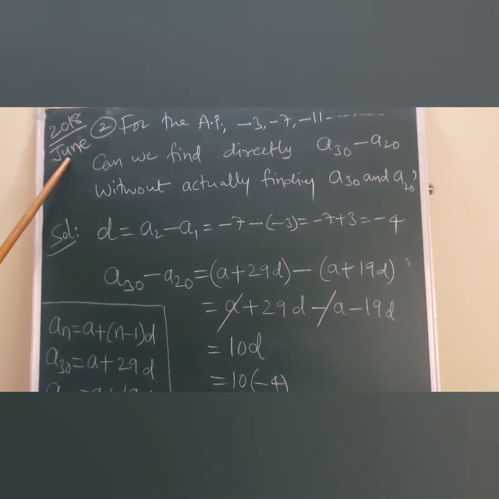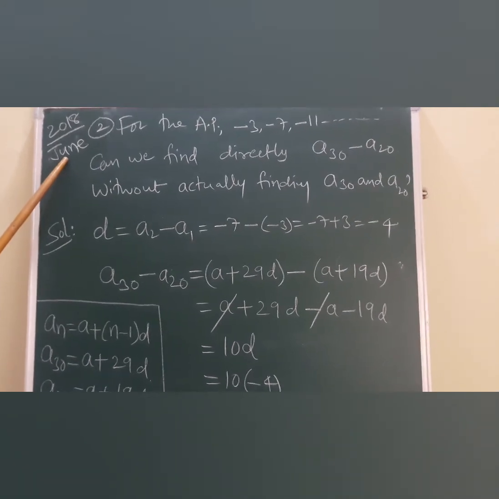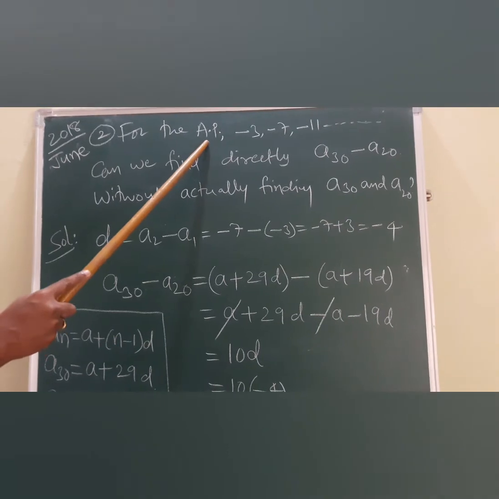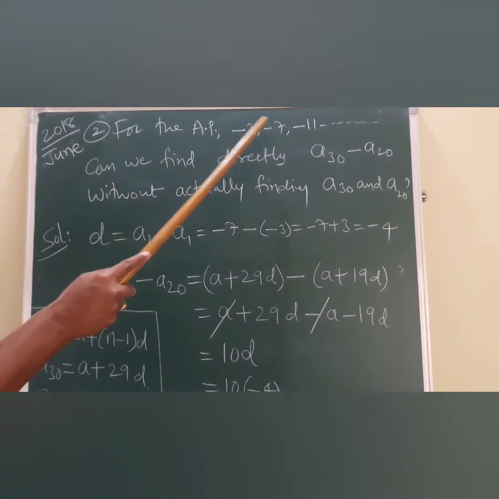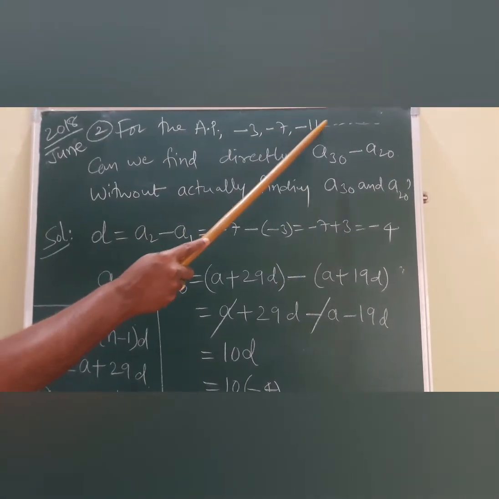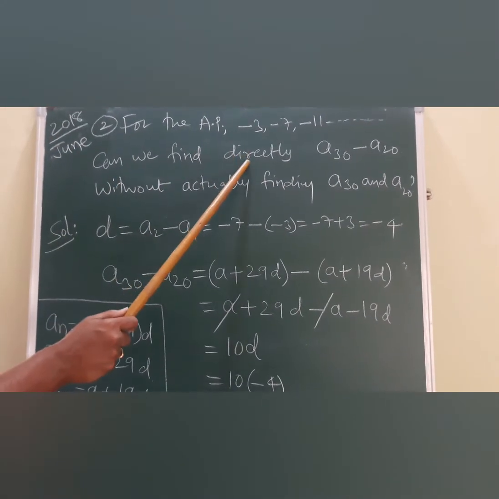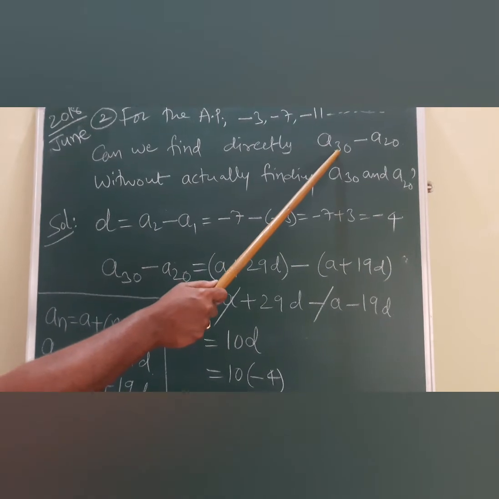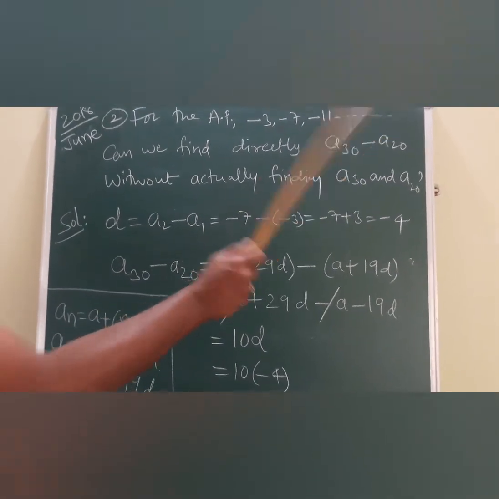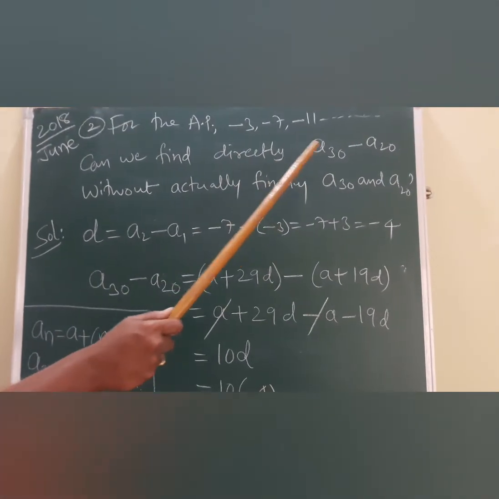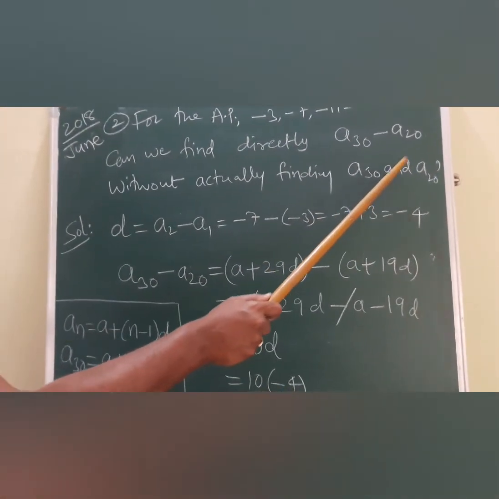Now, let us discuss previous problem from 2018 June. For the AP minus 3, minus 7, minus 11 and so on, can we find directly a30 minus a20 without actually finding a30 and a20?